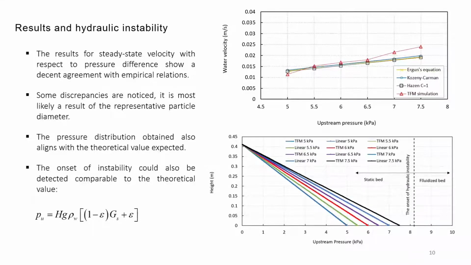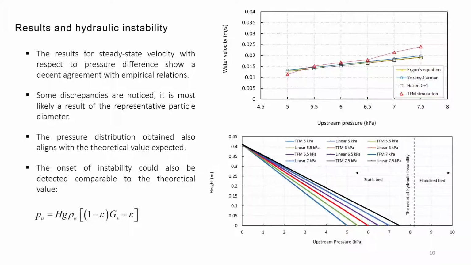If we look at the pressure distribution along the sample, it is linear, which is expected when the sample is intact and the integrity of the sand is not compromised. And this shows the model's ability to predict the movement of sand in this limited case.